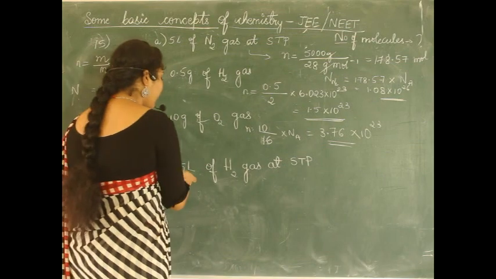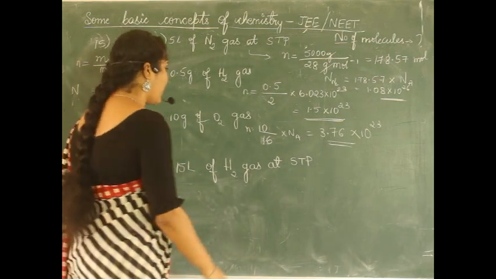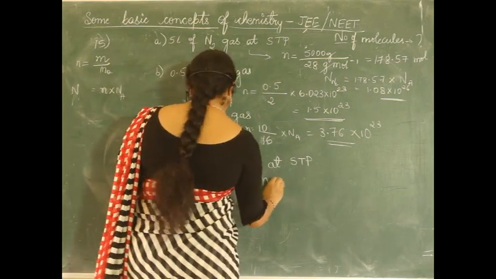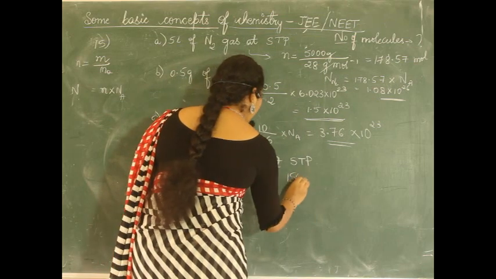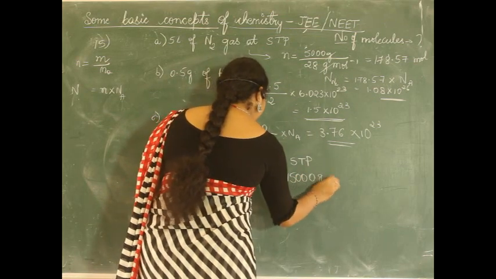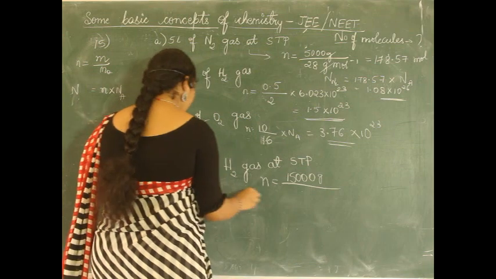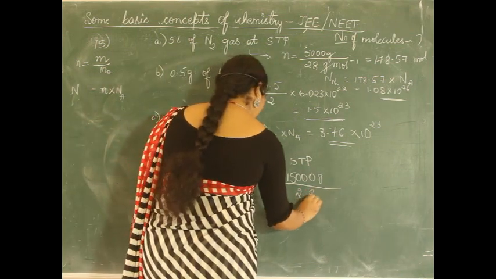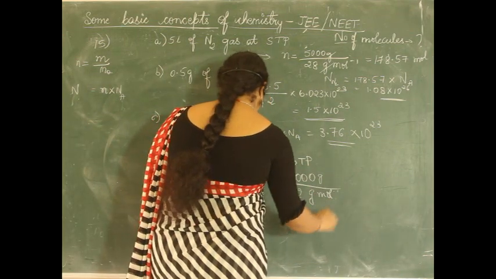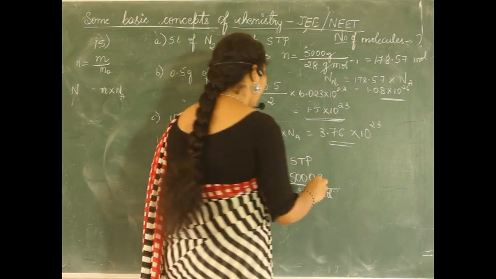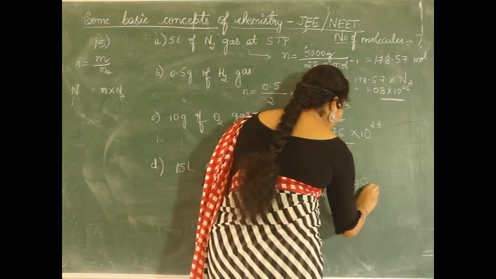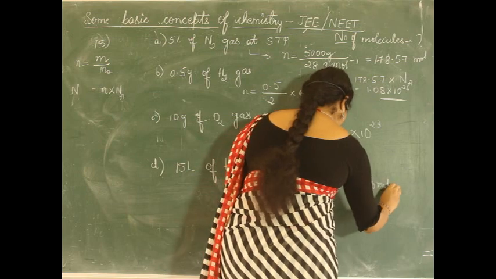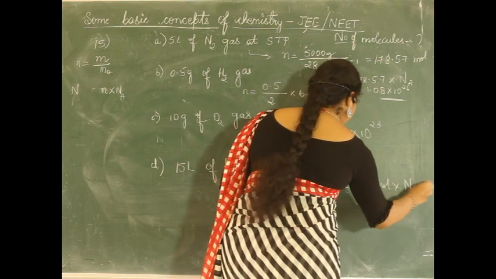Next, last one is 15 liter of hydrogen. How do you calculate? 15 liter means 15,000 gram by hydrogen is 2 gram per mole, which comes out to be 7,500 mole into Avogadro's number.